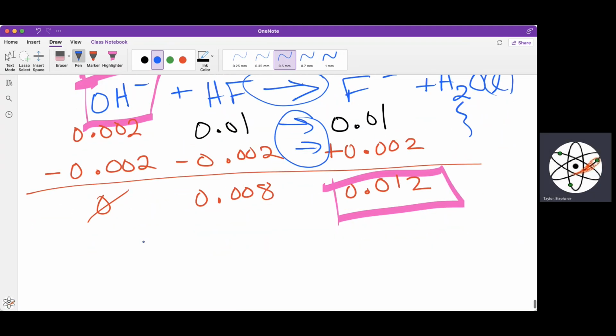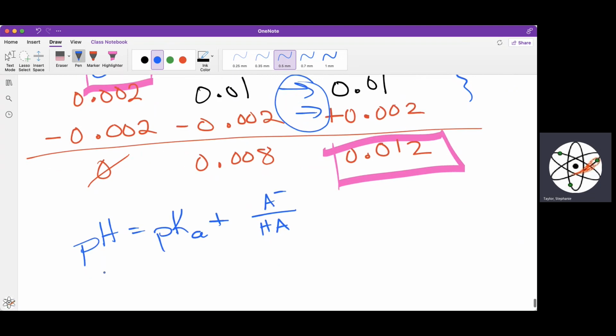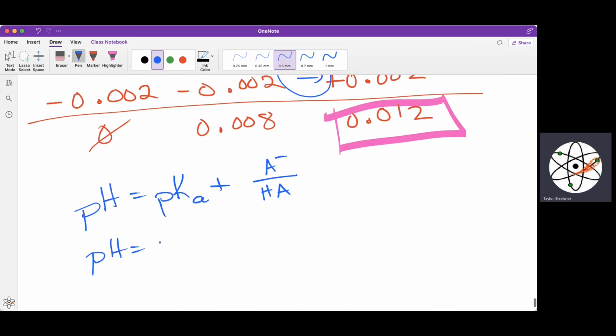So when I go to my Henderson-Hasselbalch equation, I can just plug in these moles. I don't actually have to change things back to molarity. I'll give myself a pKa. I was so nice to me. 3.15 plus log of 0.012 divided by 0.008.